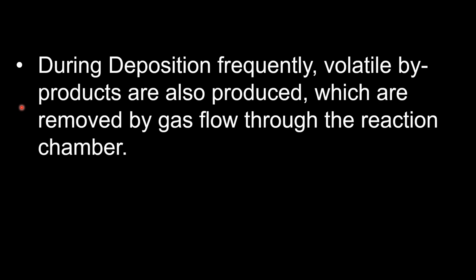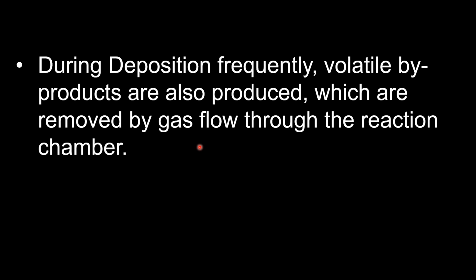However, during the chemical reaction, there is also a byproduct produced. This byproduct, which is additional to the deposited thin film, is removed by the same carrier gases which are used to take the precursor material into the reaction chamber.